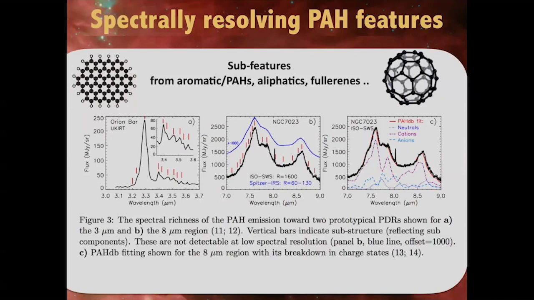As a comparison, you see the Spitzer ERS spectrum at a resolution varying between 60 and 130. With Spitzer, you basically see 3 components in this spectrum. If you look at the ISO spectrum, you see multiple subcomponents and substructure, and this is exactly the substructure that lets us know how, in this case, the PAH population changes chemically with distance from the ionizing star.